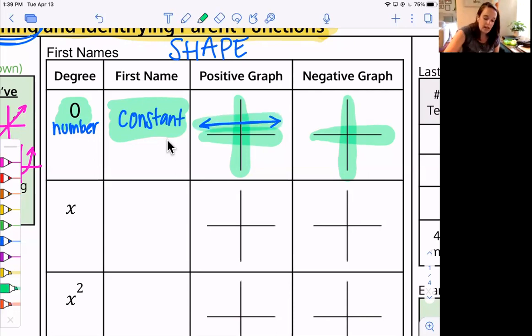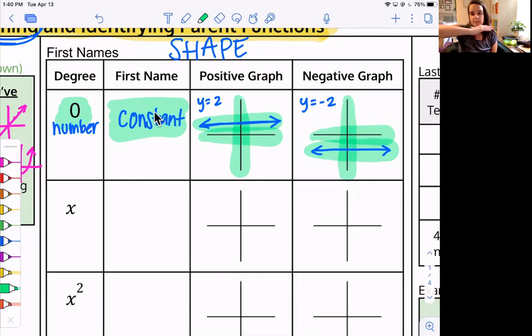This is like y equals 2. The negative graph, like y equals -2, just goes on the bottom, but it's still a flat line. So if it's just a number like y equals 2, it's constant and it's flat.